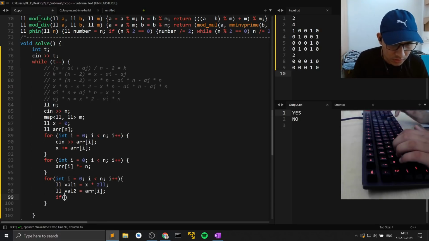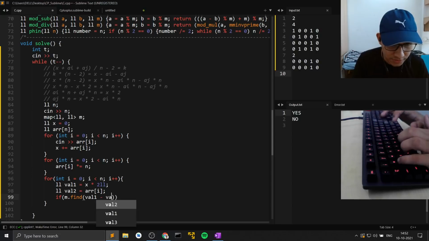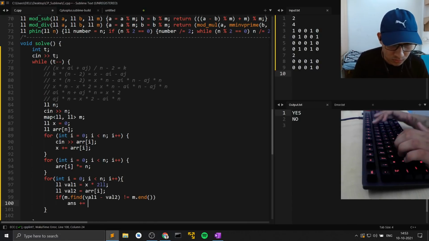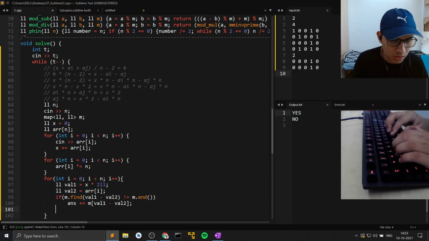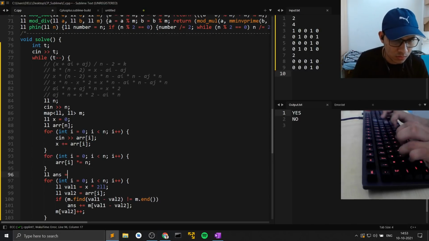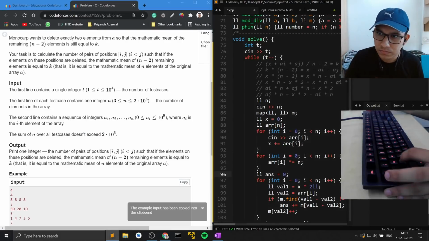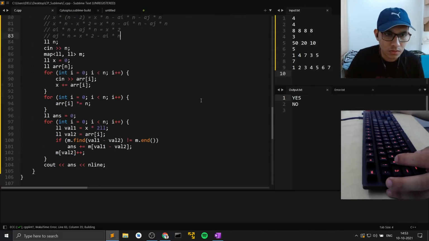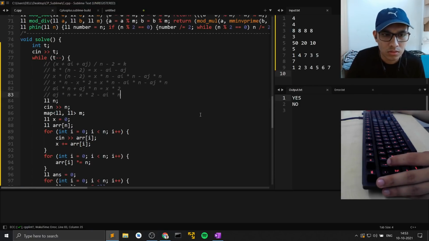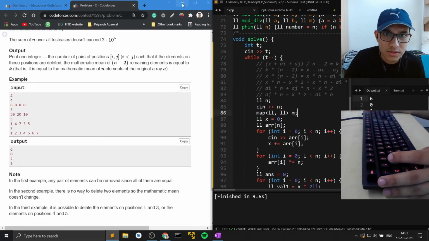Now if m dot find val1 minus val2 is not equal to end, and I also do m at val2 plus plus. Hmm. Okay, this is fine.